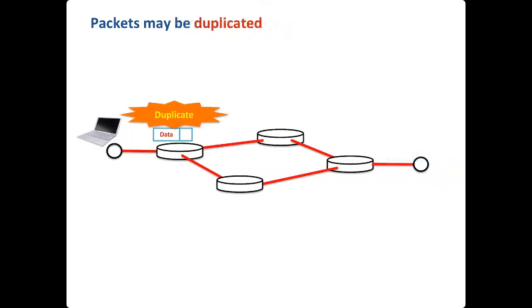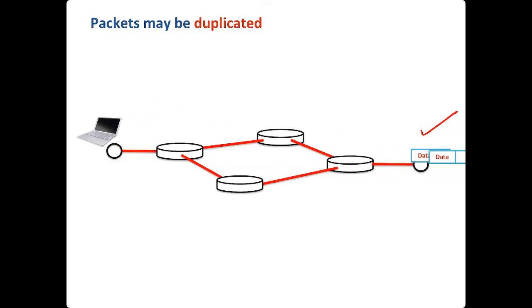Now what may also happen is that routers may duplicate the packet. The same packet may get duplicated. So if you are using a video player or a file being sent, and you put two of these in the output, then the output will be in error, right?